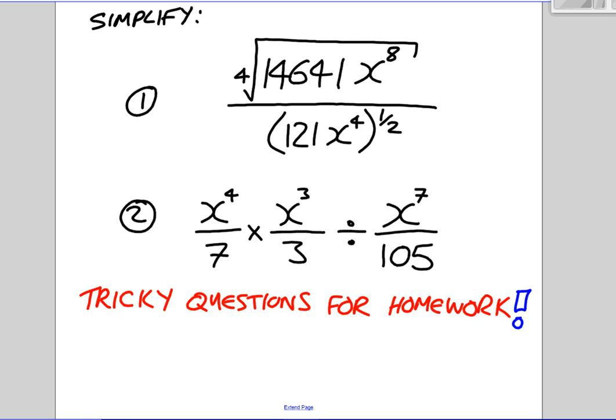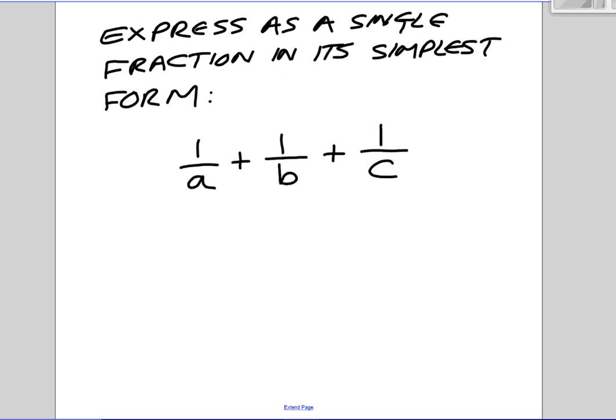That's to do with a topic called indices. But I think for this lesson, you could attempt question 2, but do you notice there? I've got three fractions in question 2. So I think we could try that. Okay. And if you're feeling good, why don't you try that one?